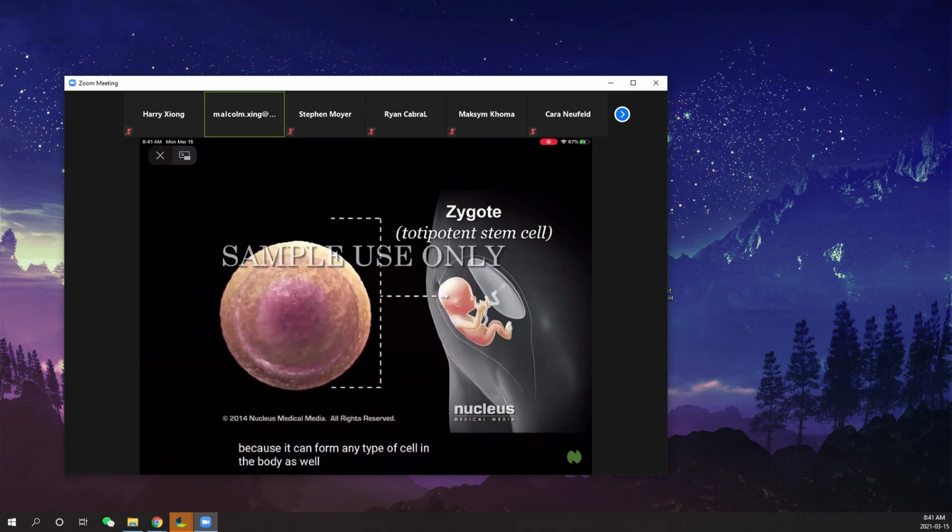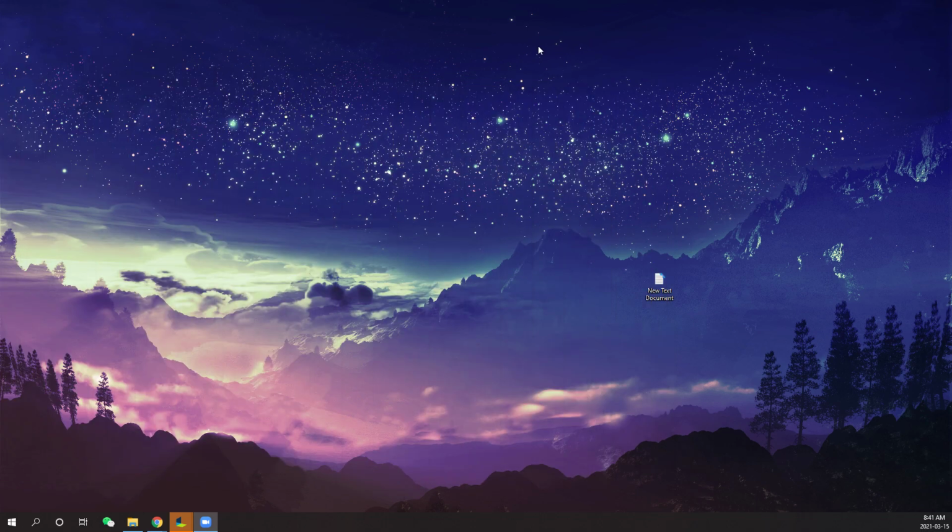Cell in the body, as well as the umbilical cord and placenta. After a zygote has divided a few times, it becomes an early stage embryo called a blastocyst. Embryonic stem cells come from the cells inside the blastocyst. Embryonic stem cells are pluripotent. This means they can form any cell in the body, but not the cells in the umbilical cord or placenta.